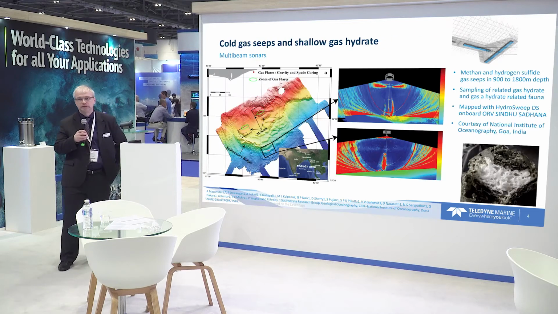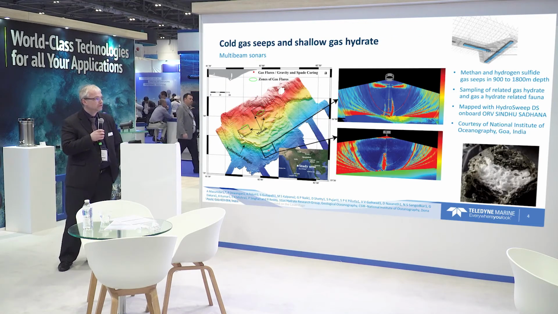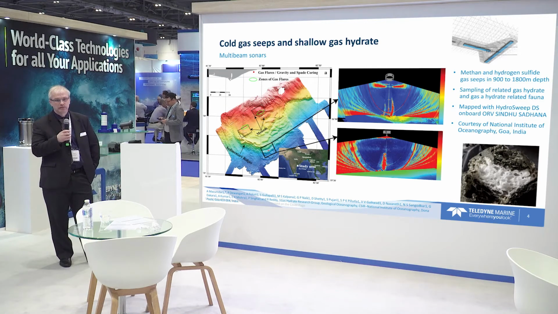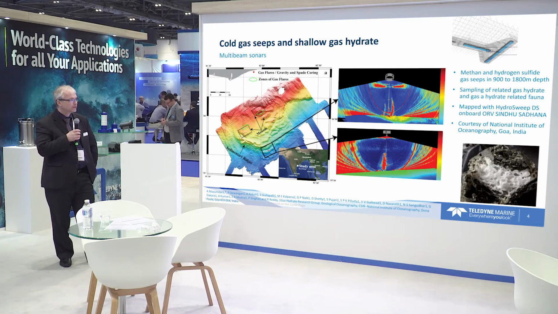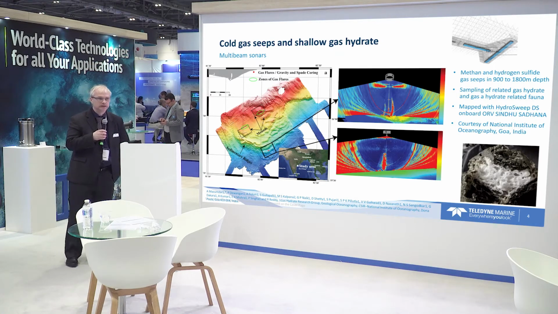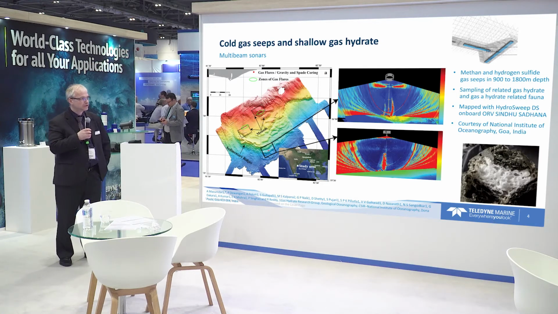Here's a case study from India, where the National Institute of Oceanography in Goa conducted a survey in the Bengal Fan area, where there was a hypothesis that there were cold gas seeps, and that there was eventually also, in shallow waters, accumulation of gas hydrates and the adjacent fauna attached to that.